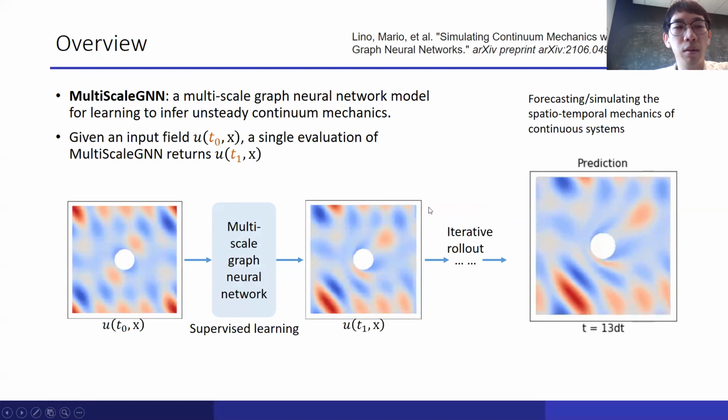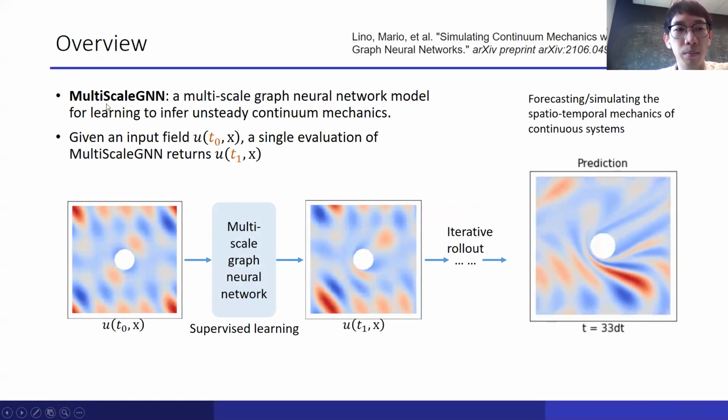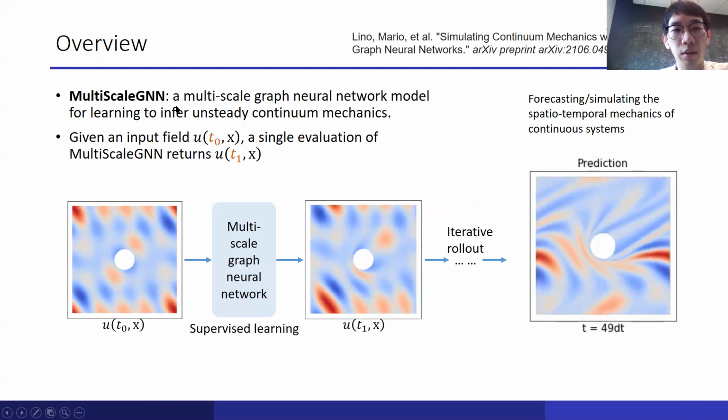Let me first give an overview of this paper. The authors proposed a multiscale GNN model, which denotes a multiscale graph neural network, to simulate the unsteady continuum mechanics. The idea is simple.